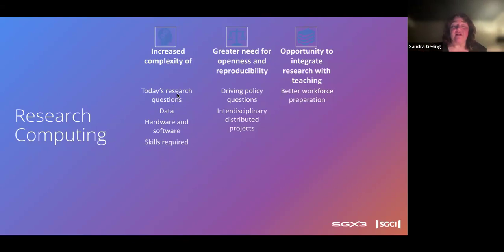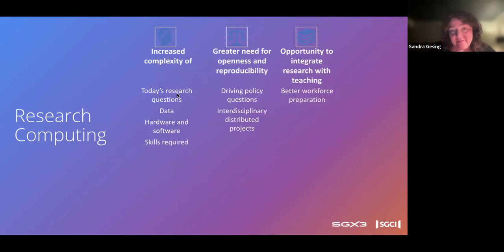We have increased complexity of hardware and software, and also the skills required to use all this and to address the questions. There's a greater need for openness and reproducibility because it's driving policy questions. There are interdisciplinary distributed projects, like those for COVID-19, which were worldwide projects to find solutions. And we need better workforce preparation.